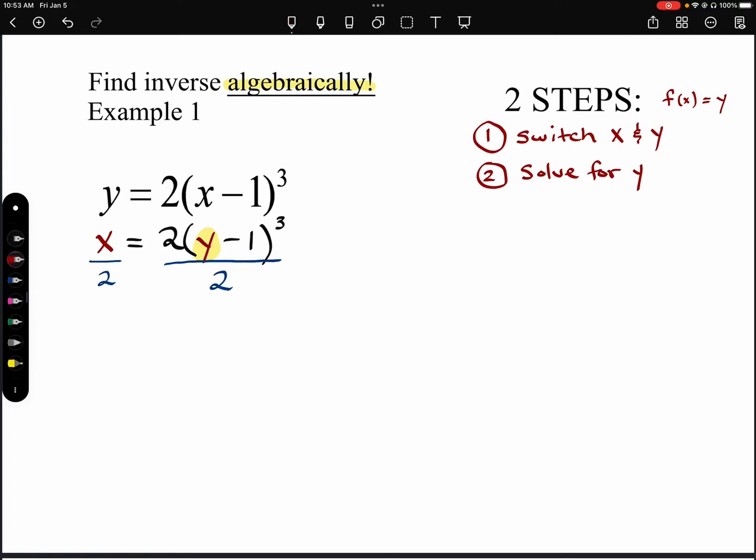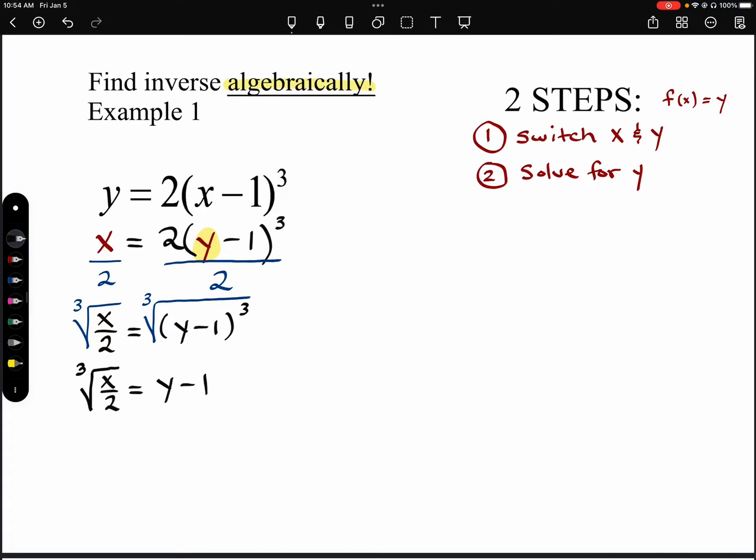We now have x divided by 2 equals the quantity of y minus 1 to the third. Now to undo that third power, we're going to do the third root, or the cube root. We'll take that on each side, which gives us now the cube root of x divided by 2 is equal to y minus 1.